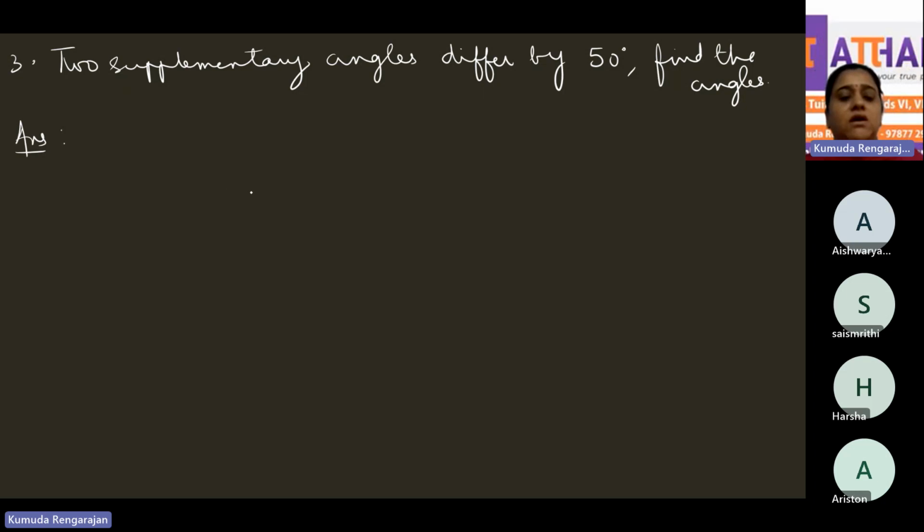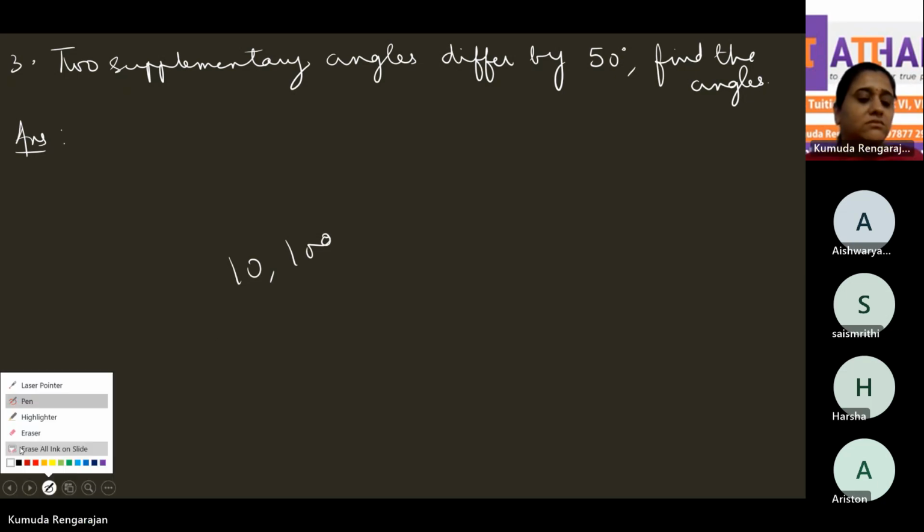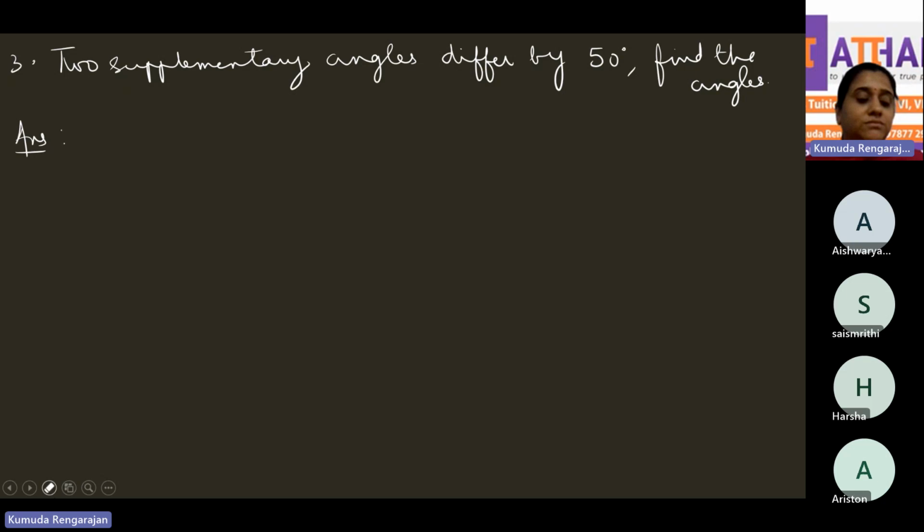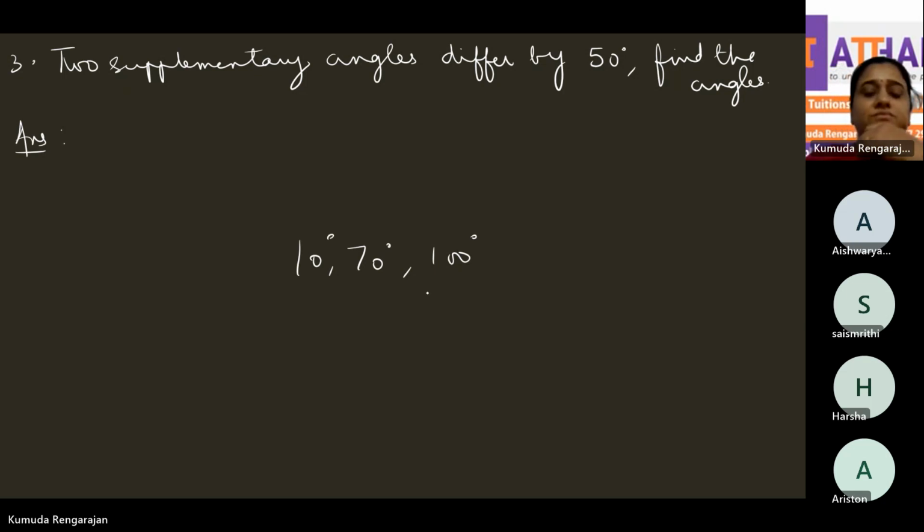For example, 10 degrees, 100 degrees and 70 degrees. They add up to 180, right? Are these angles supplementary angles?